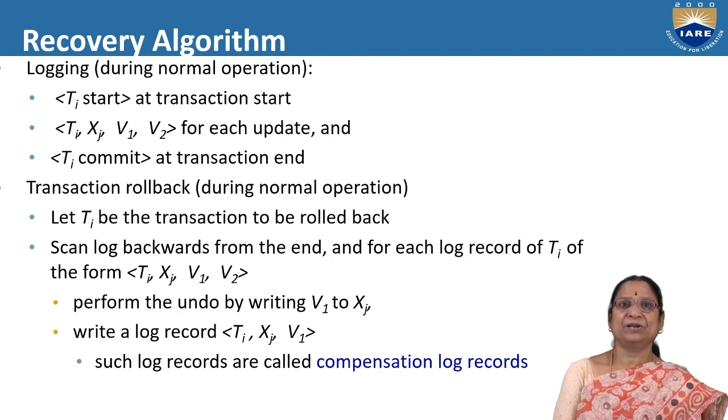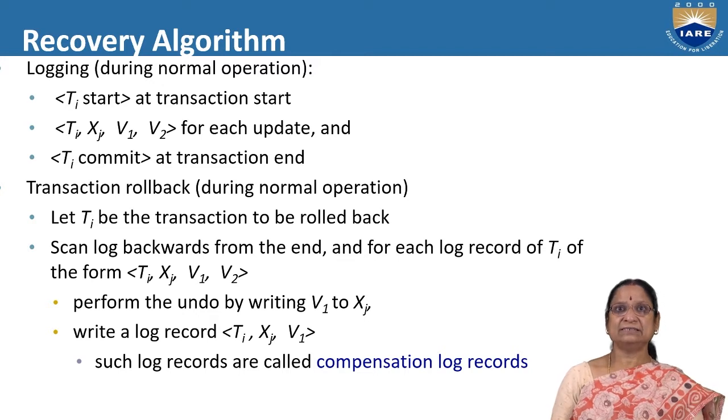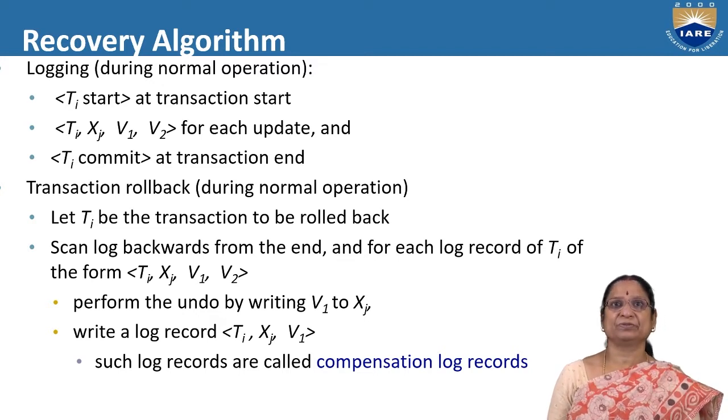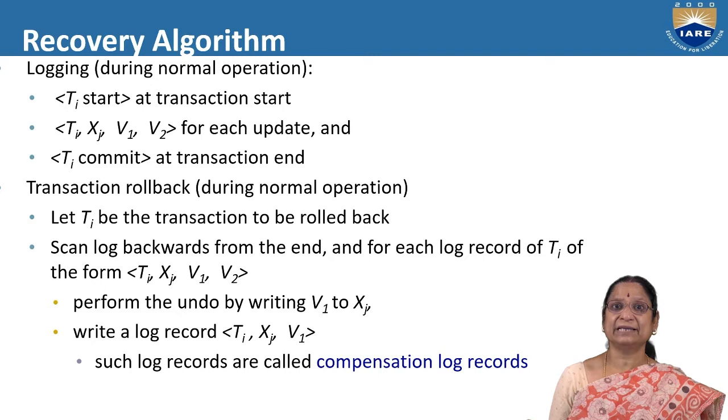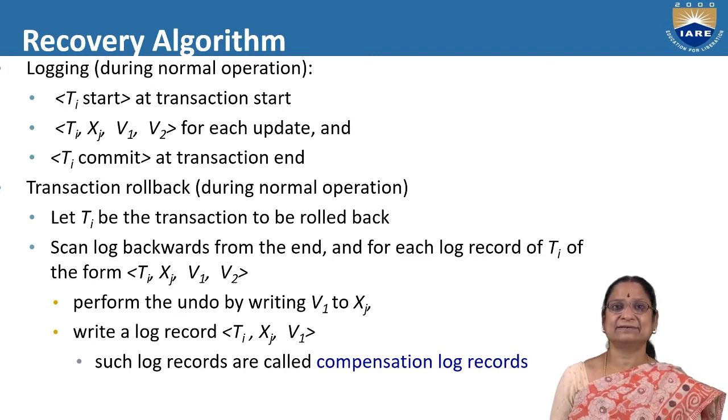During normal operations, transactions may be rolled back. The reasons may be anything. A transaction is rolled back whenever it is aborted due to concurrency schemes or any other reason.